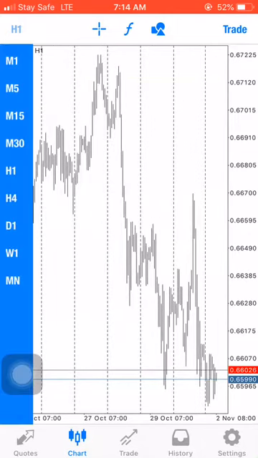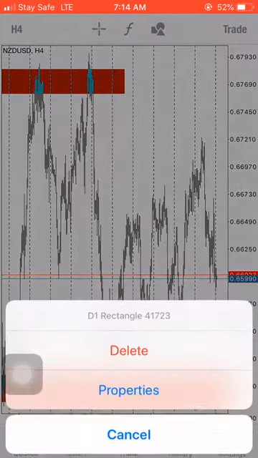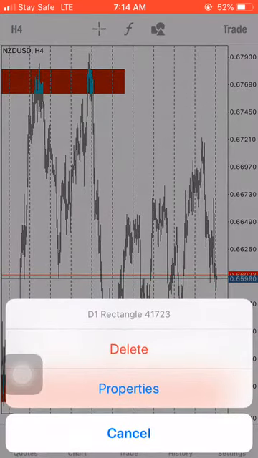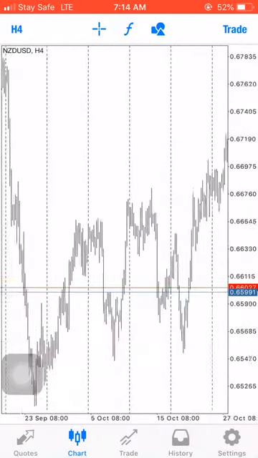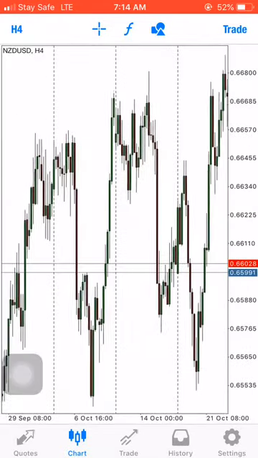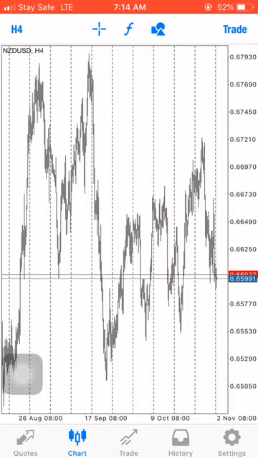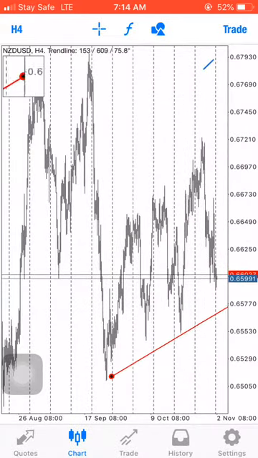So let me go to the H4 and explain the last setup which I have for you, which is using the trend line and in a channel. You can see, if you look very well, that this pair has been in a channel here.